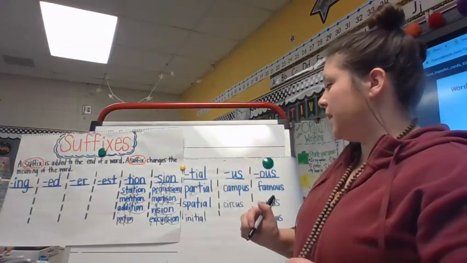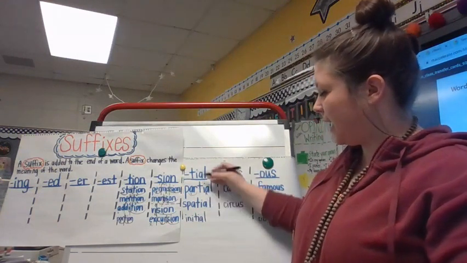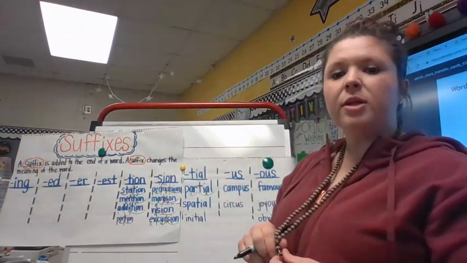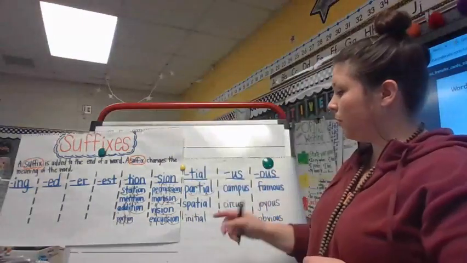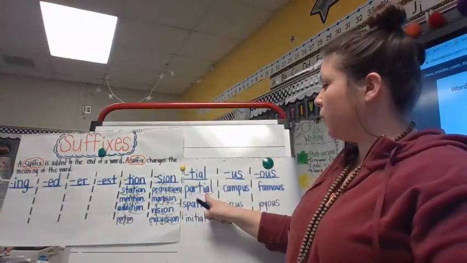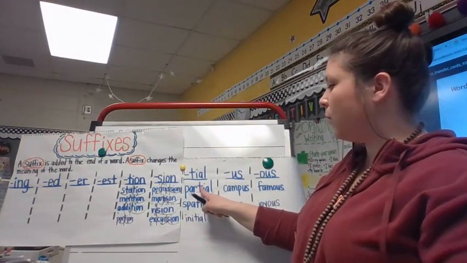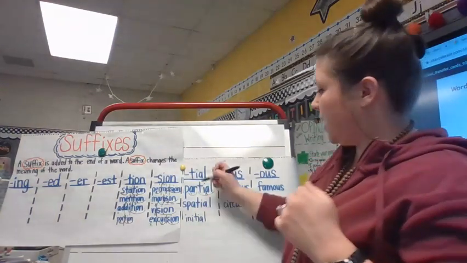Then we have our suffix tial. We're going to mark it in the middle of that I and that A with an X, and we're going to arc the whole suffix. Remember, tial says shul. Now we have our vowel, and then we have our suffix. If you notice, there's that consonant T before those vowels, so that makes tial have its own syllable there.